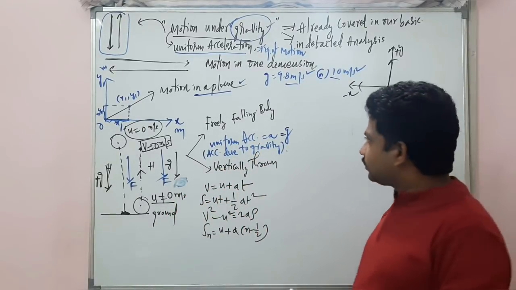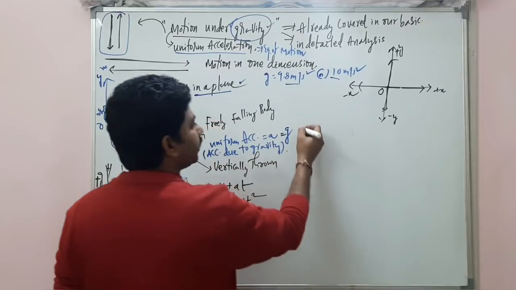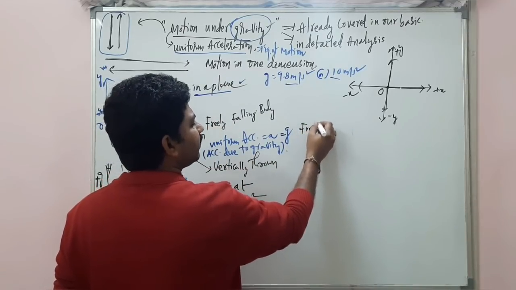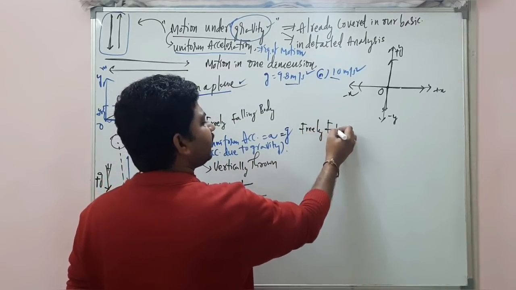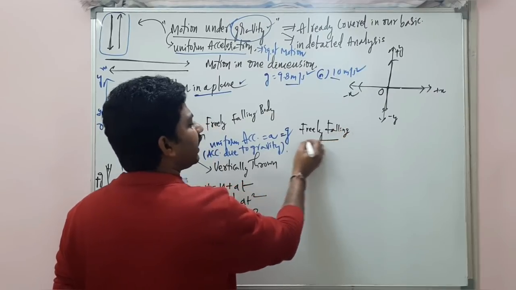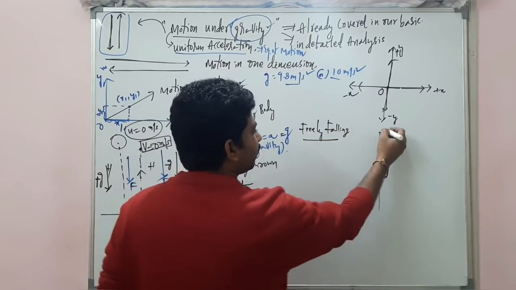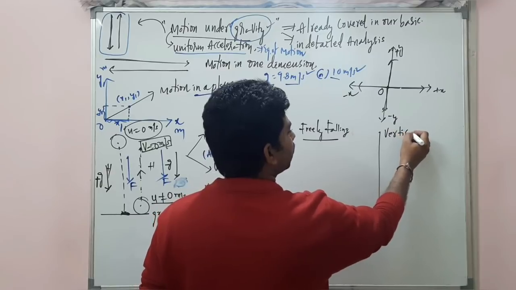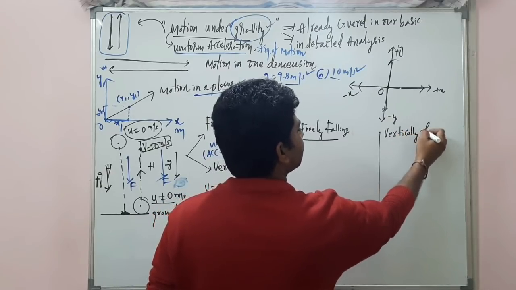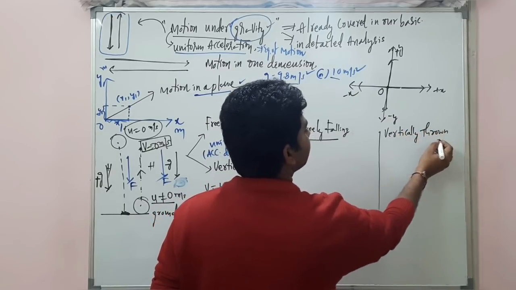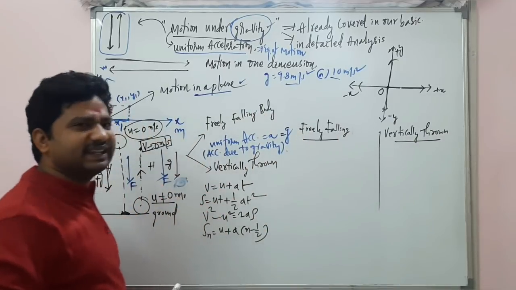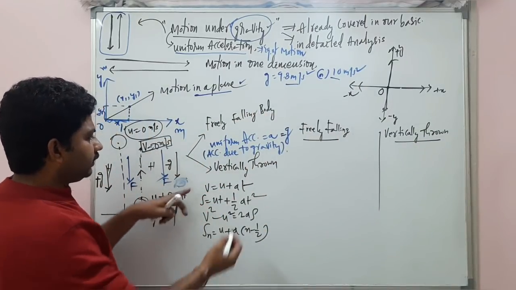Now, in case of a freely falling body, and in case of a vertically thrown body, a vertically thrown object, how do the equations of motion vary? Simple.